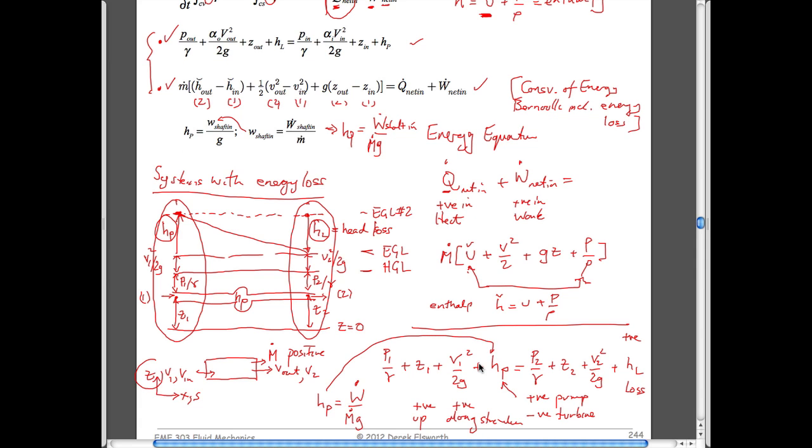And hopefully if you work out the units on that, they should work out to be, well, we could check it, I suppose, right? The unit should be length. So work is going to be in watts. So watts are joules per second, which are Newton meters per second. Mass flow rate is kilograms per second.